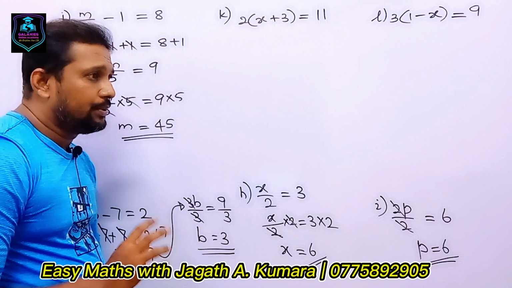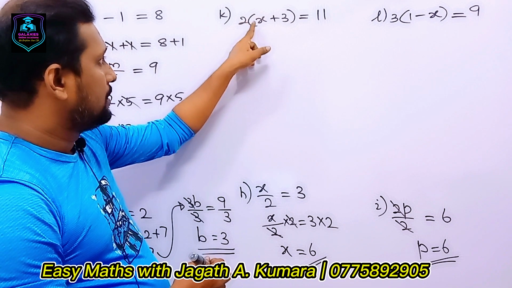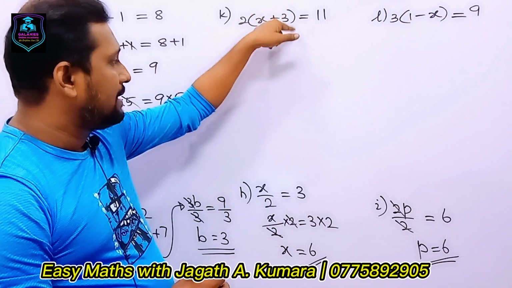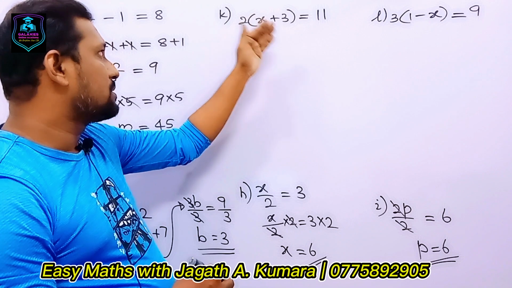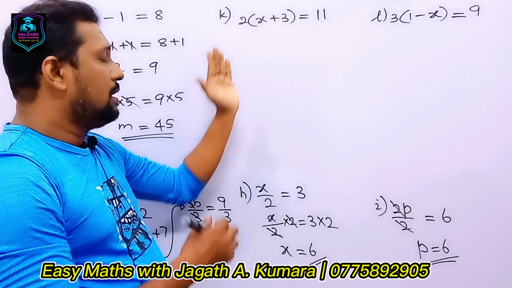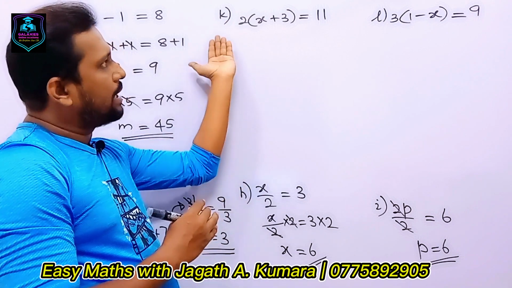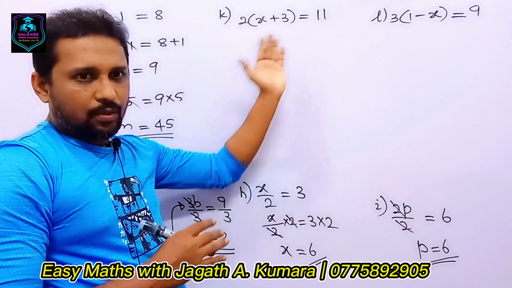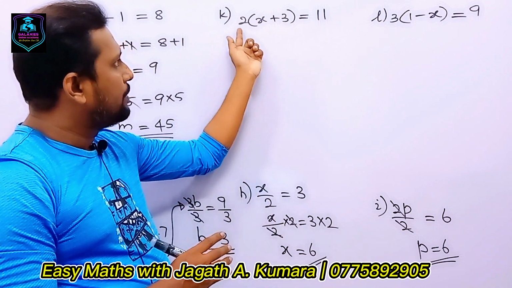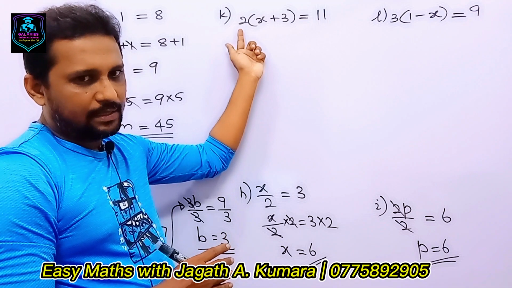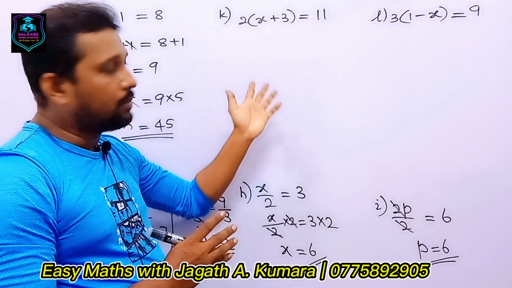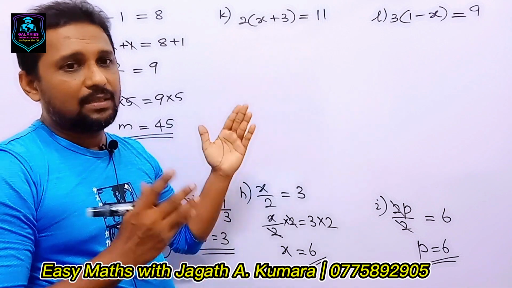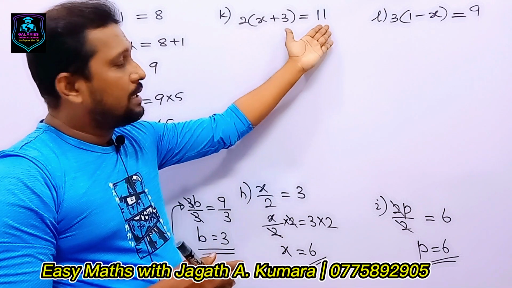Last day I told you, there's a bracket here, then also outside the bracket you can see 2. Then if you want, you can remove the bracket. Also if you want, you can remove this 2 from this side. To remove 2, both sides you have to divide by 2, but this side you can't divide by 2.